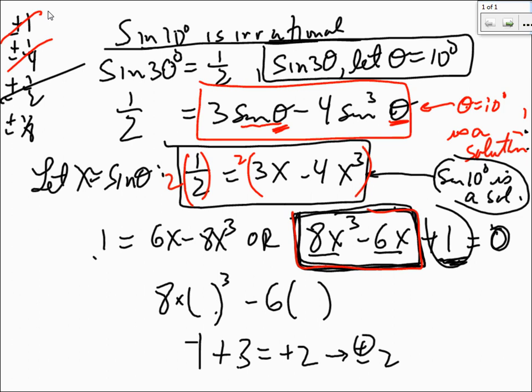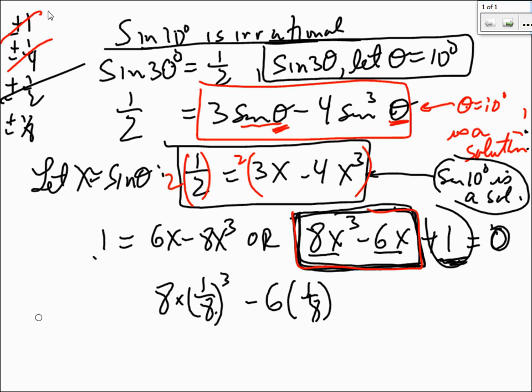Let's try 1/8. So basically, you have 8 times 1/8 times 1/8 times 1/8, and some of the eighths cancel out. We have 1 over 64 minus 6 over 8.